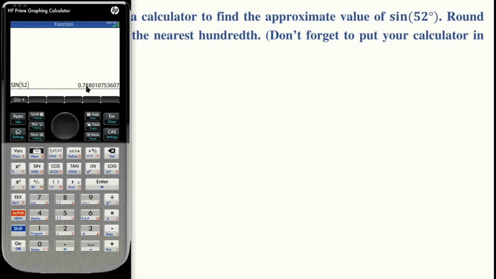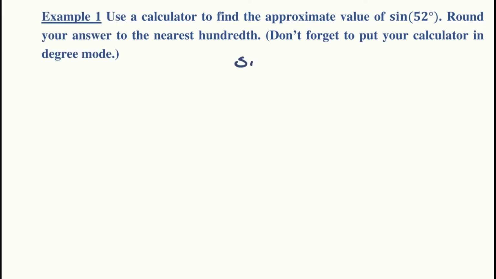We add 1 to this 8 and then the rest become 0, so we get approximately 0.79. So we can say that sine of 52 degrees is approximately 0.79, and that's all we really need to do.